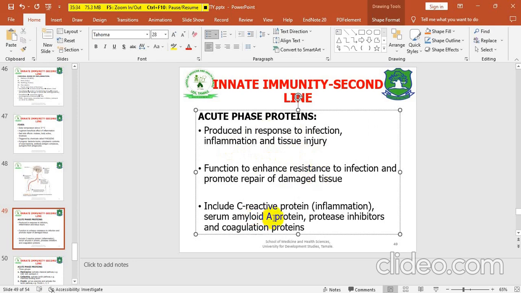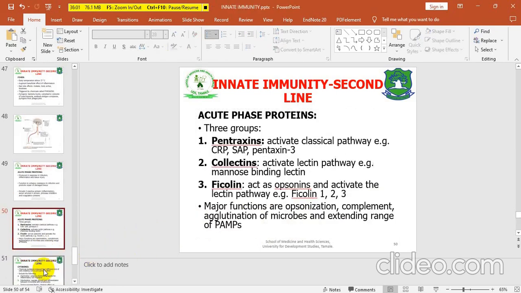I worked with C-reactive protein to determine inflammation in parasitic infection. There is also serum amyloid A deposition in the kidneys, the liver, and the heart. This also determines the extent of inflammation. There are protease inhibitors and coagulation proteins. Their levels in the blood will determine the extent of inflammation.